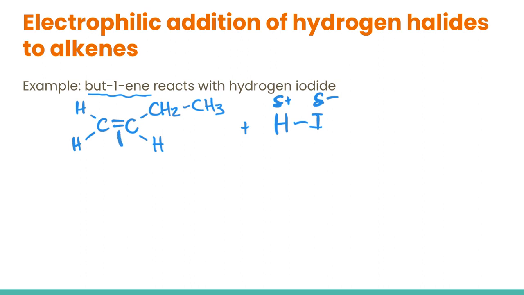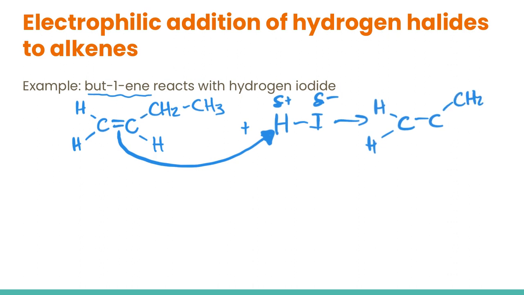And then we want to show the double bond attacking the hydrogen end of this molecule. So that is going to, in our first step, create our carbocation ion, where the positive charge is going on the more substituted carbon. So that's that second carbon there.